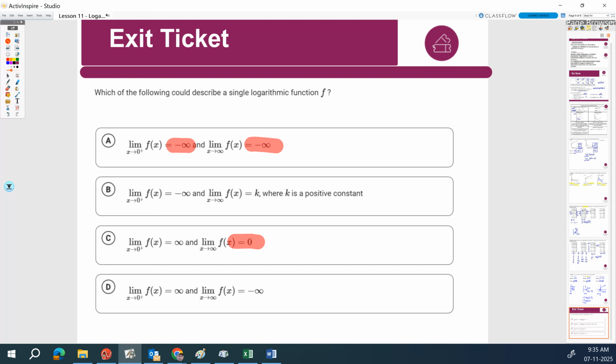D looks good. Let me have a read through this one. Yeah, this one's a horizontal asymptote. Not at 0, but at some other value. This one is easy. It should be this one.